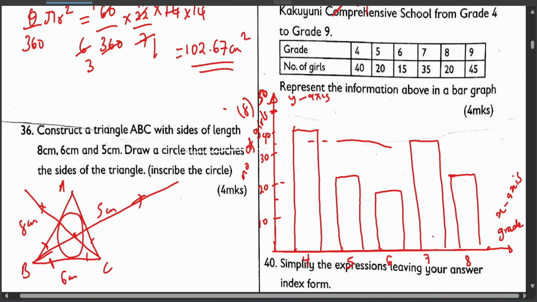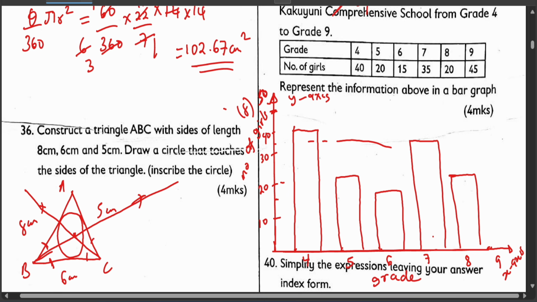And the last one but not the least, grade 9, which we will write here below. Here just know they are grades. So grade 9, and then let's have this 4. Here just know it is the x-axis.